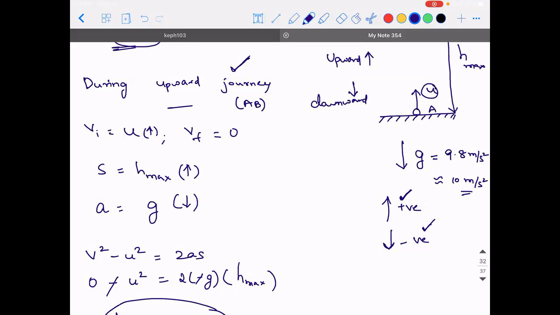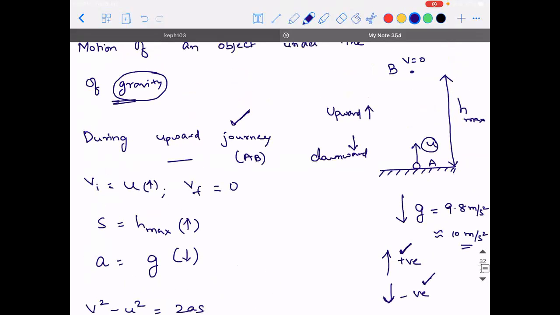So for the second half of the journey, gravitation will remain negative. Along with that, other parameters which are in the downward direction will also be negative. While you're coming down, the displacement of the object is downward, velocity is downward. All those things will also become negative.